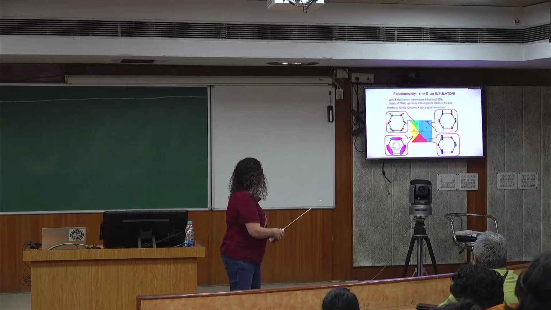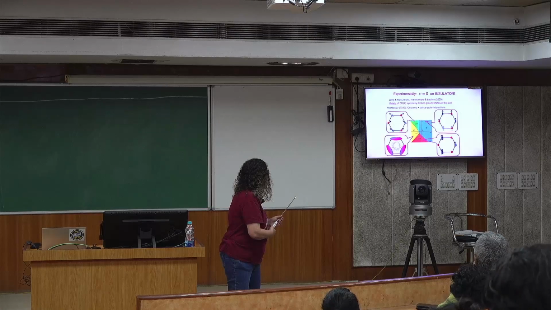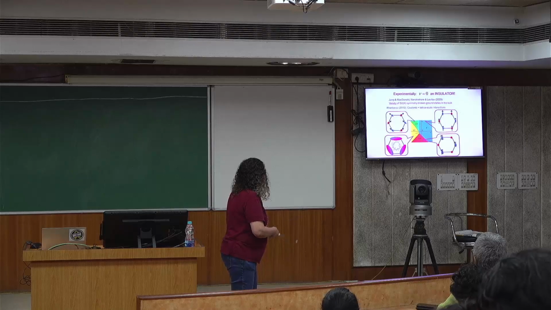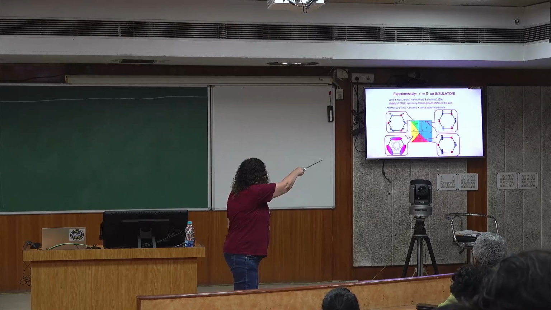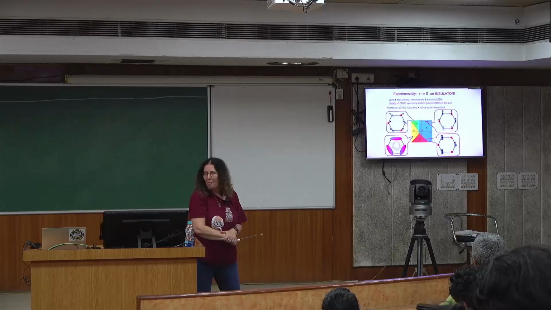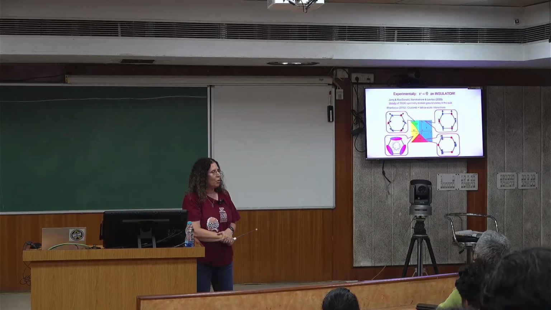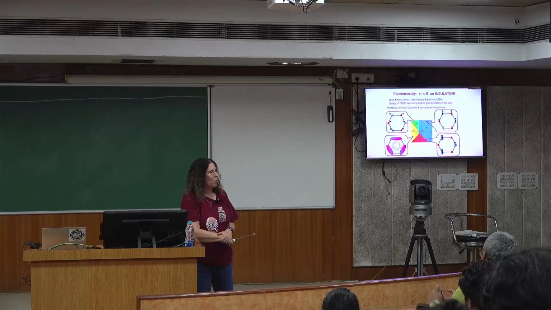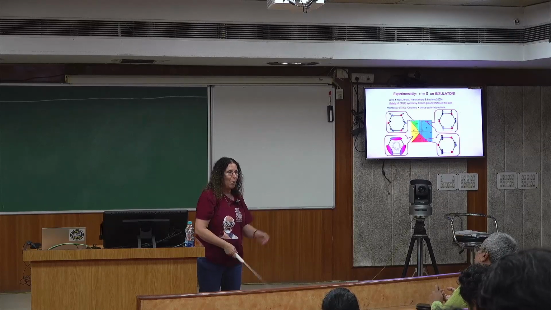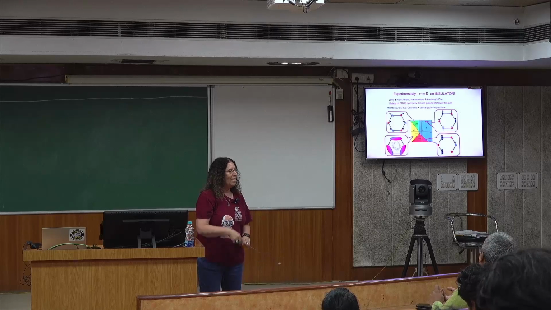Okay, so let me just mention what are these two other phases. This phase that looks funny is called the Kekulé distortion. So basically, this picture is coming from Kekulé's original idea.